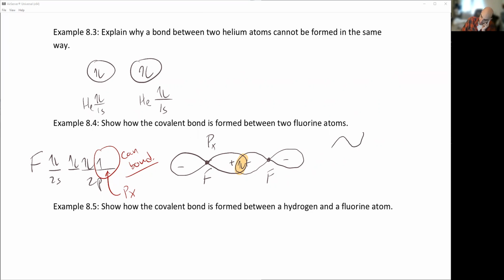So again, the positive and negative are constructive versus destructive interference. If I have two of the same wave functions, or two positive wave functions, they're going to reinforce. If I have wave functions that are opposite, you're going to have destructive interference.